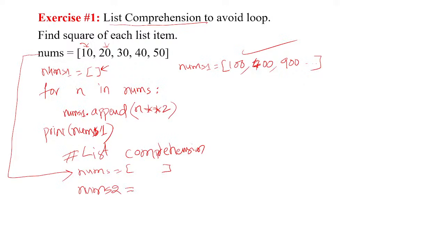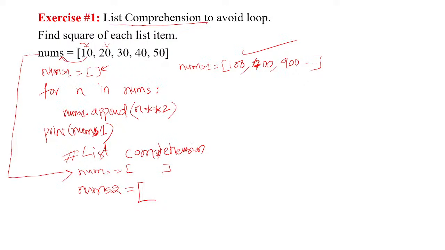My new list nums2 should be a list containing what? Containing all elements. That means each element you need to retrieve from this nums, yes or no.